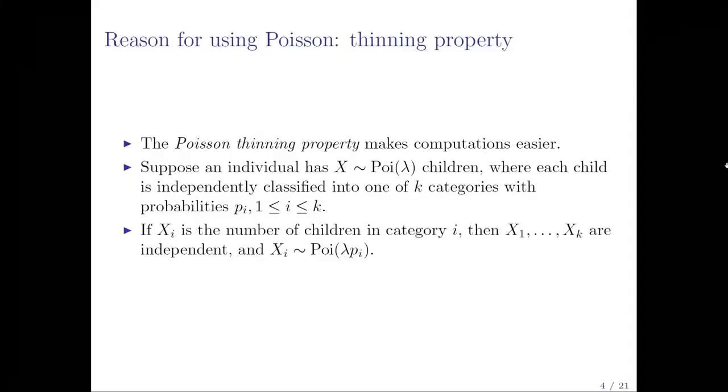Let's talk a little bit about the Poisson thinning property. What it basically says is that in a population, if you could categorize each individual into k classes, and the probability that an individual gets assigned to class i is p sub i, so that the sum of the p sub i's gives you 1, and an individual gives birth to Poisson lambda many children, then the number of children in category i that the individual gives birth to is again Poisson, but with its mean thinned by the probability p sub i.